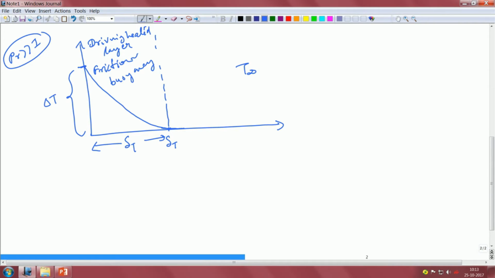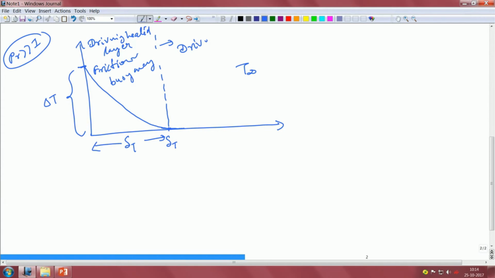Now, what about the velocity? The natural question is, the temperature decays and is gone, but what about the velocity? How would the velocity boundary layer behave, because remember it is a Prandtl number much greater than 1 situation. What happens in the region to the right of this delta t?